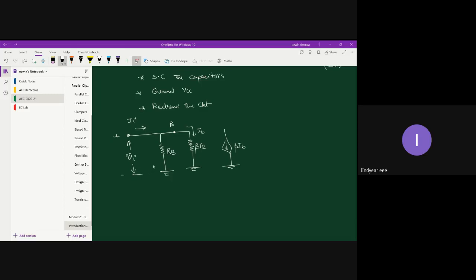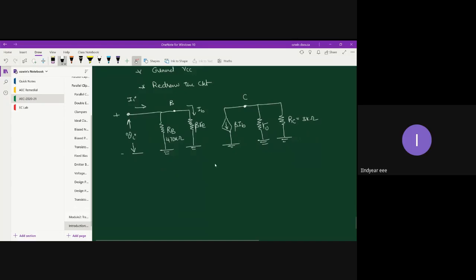And the collector terminal. You will also have the output impedance of the re model, small r0, and then the collector resistor RC. RC is 3 kilo ohm, let me write down the value, and RB is 470 kilo ohm. So this is my re model.